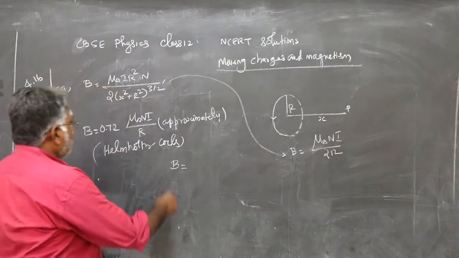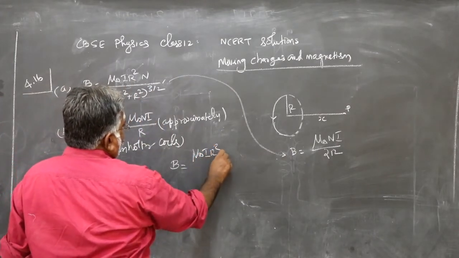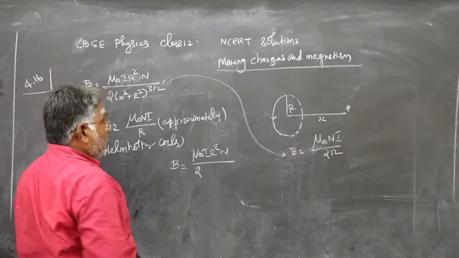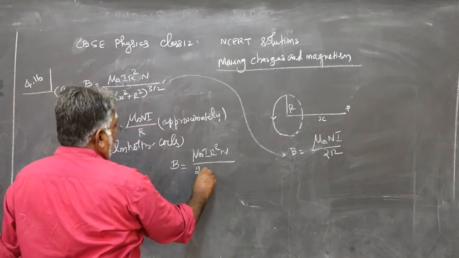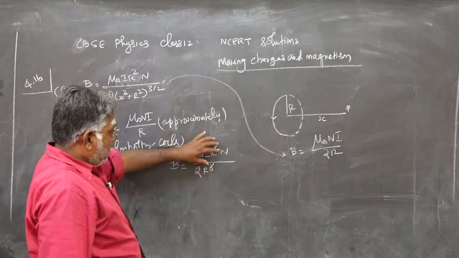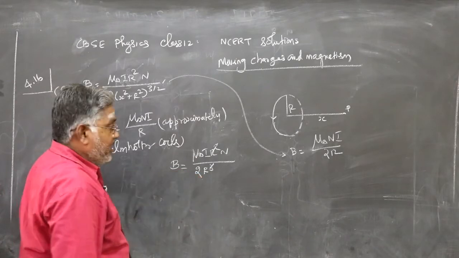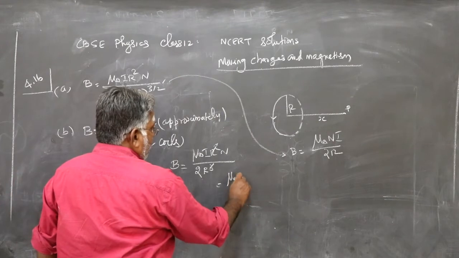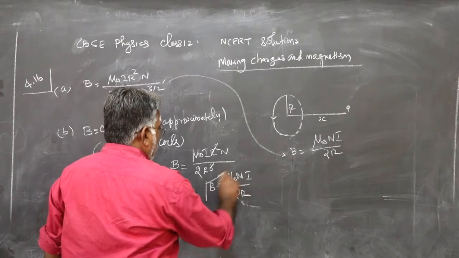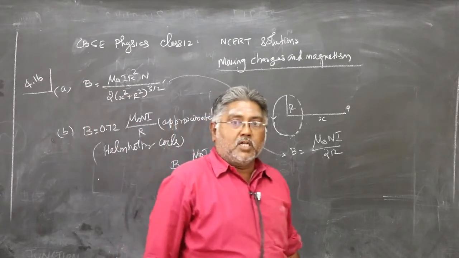So B is equal to mu naught I r squared n by 2, x is 0, r squared power 3 by 2 is r cube. Here you take r squared and r squared, if they get cancelled you have r remaining in the denominator. Simplify or rewrite: mu naught Ni by 2r. So this is the magnetic field at the center of the coil.